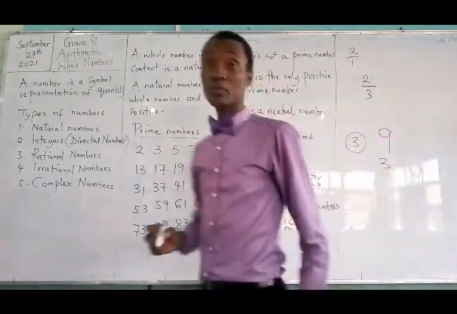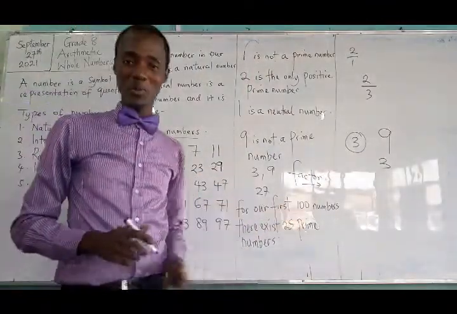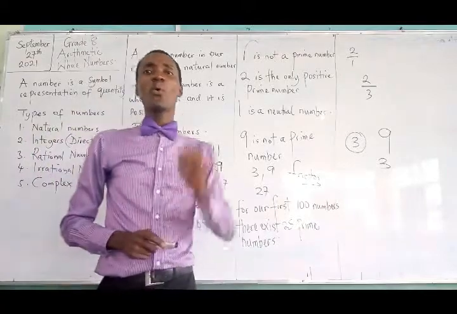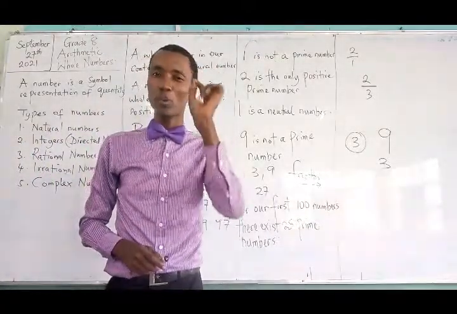For our first 100 numbers, there exist what? 25 what? Prime numbers.